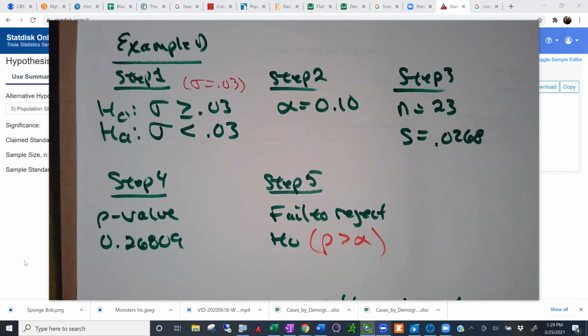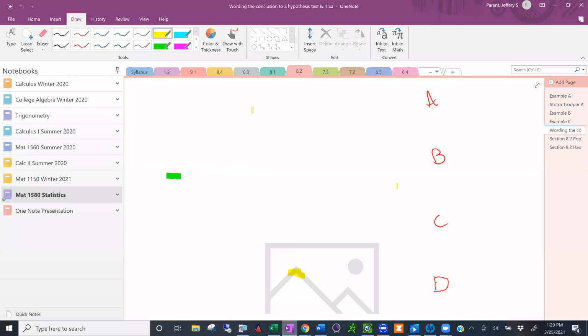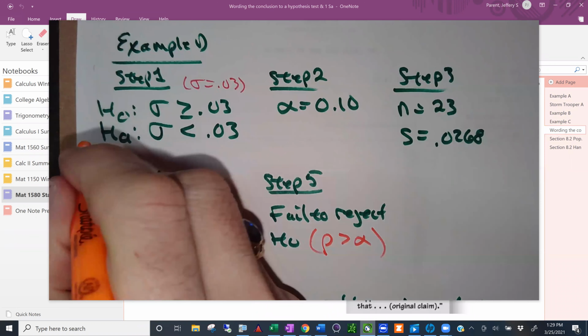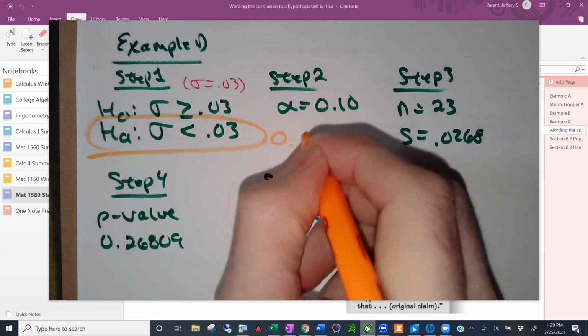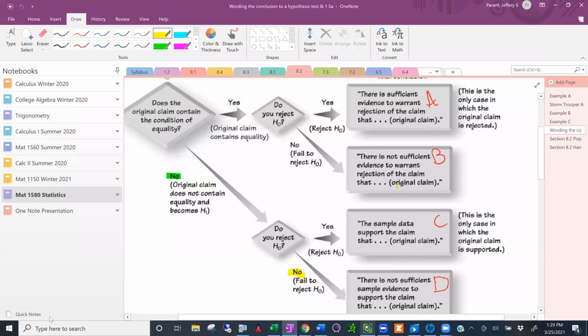Now for step 6, that takes us to our wording the hypothesis conclusion handout. Does the original claim contain the condition of equality? It doesn't. So that's our original claim. It doesn't contain the condition of equality, so we branch down. Did we reject H naught? Well, we failed to reject H naught, so the answer is no. So we branch down again.